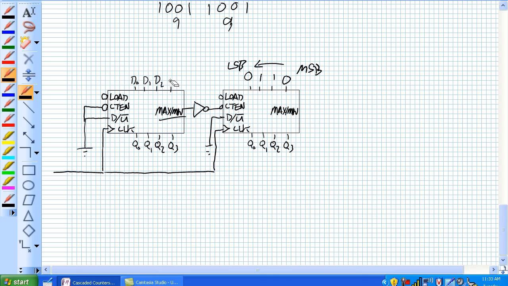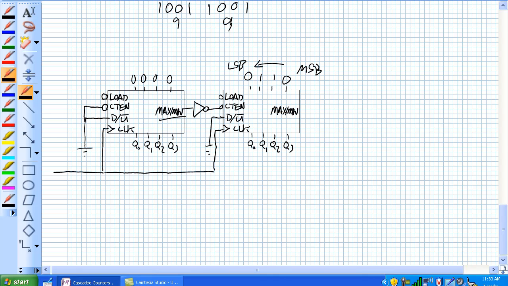Low order is going to receive 0. Now what's going to happen is we're basically going to put a 60 on its D inputs, which we just did, give it an active low load condition, and let it run to 99.